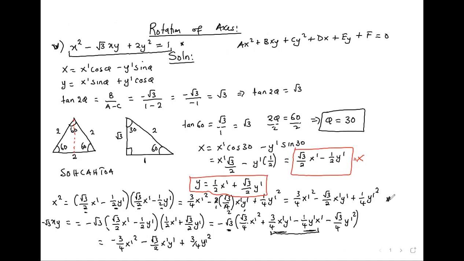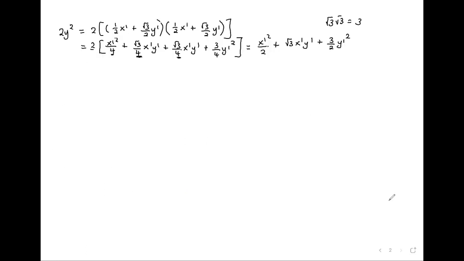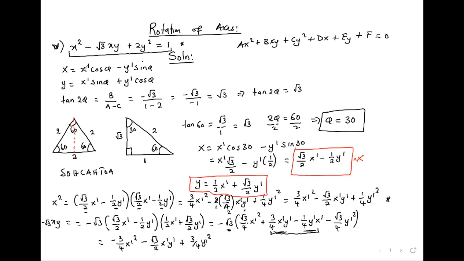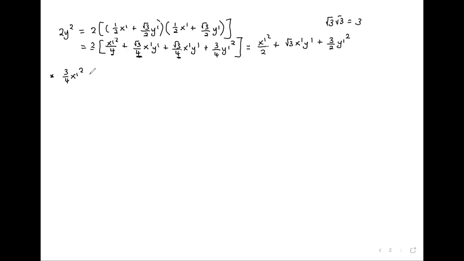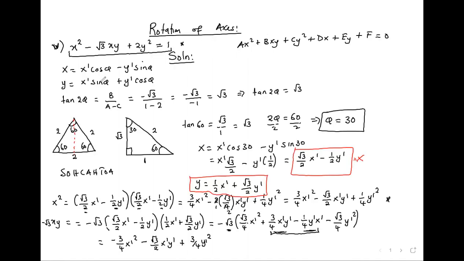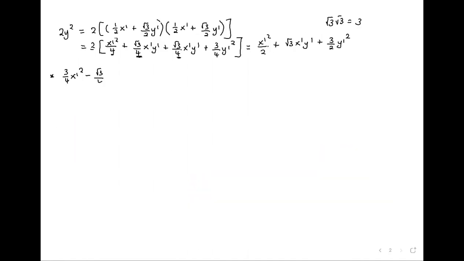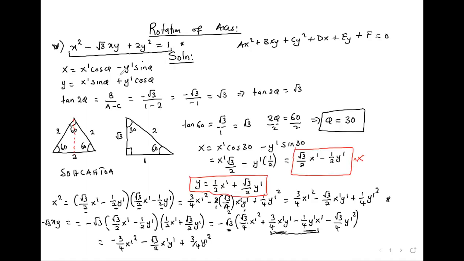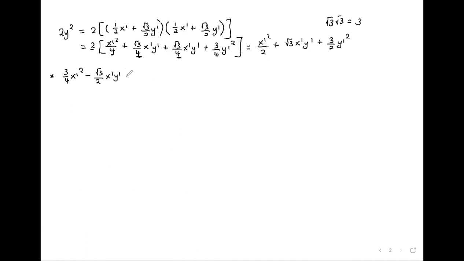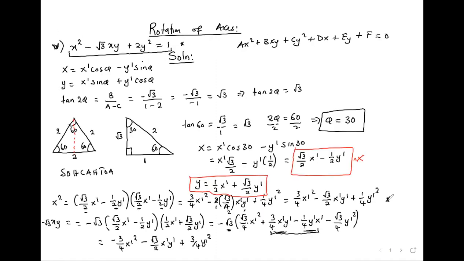Starting with the first one: 3 over 4 x prime squared, minus root 3 over 4. Is it over 4 or over 2? Over 2 x prime y prime. And then plus 1 over 4 y prime squared. So we're done with this one.